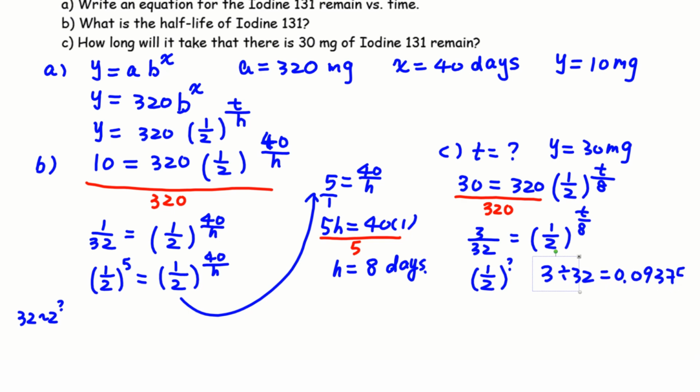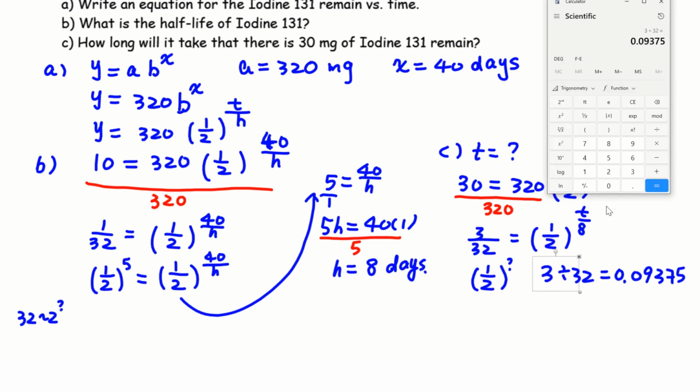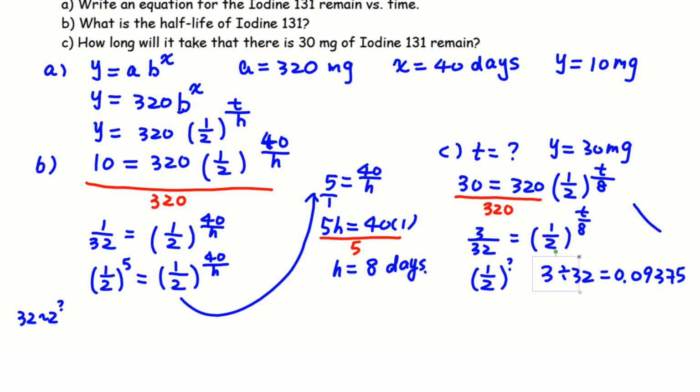So we are going to try 1 over 2 to the exponent what gives you 0.09375. 0.5 to the exponent 3 is 0.125, so we know that is a decay.